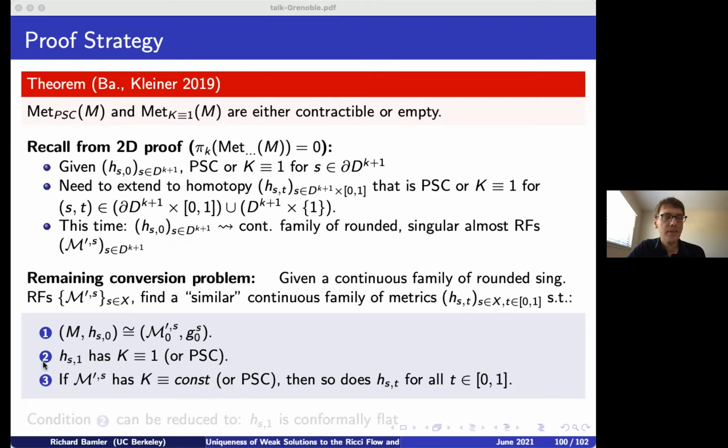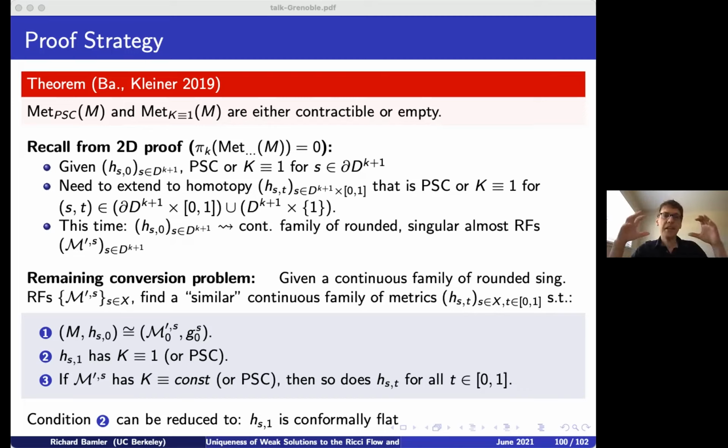So we want to construct a constant curvature metric in the limit for t equal to 1. Okay? And so here's a simplification. It turns out that we can replace property 2 by the property that h_st doesn't have constant curvature, but is only locally conformally flat. Okay? So why is that the case?